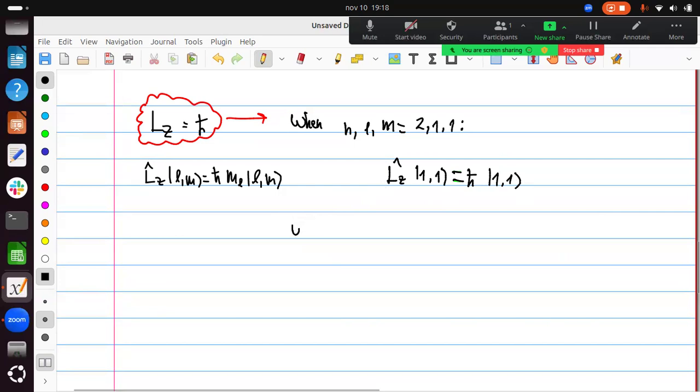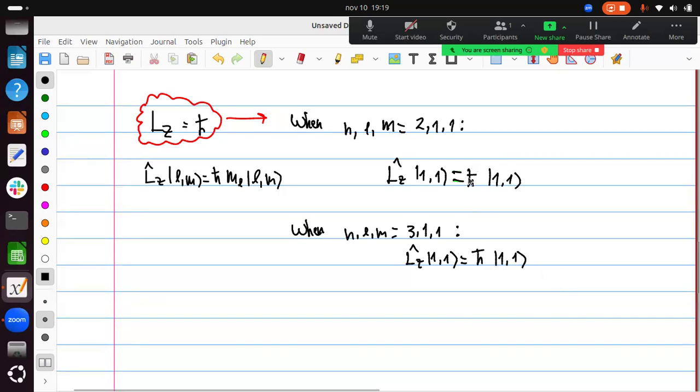For the other case, when n, l, and m are 3, 1, 1, we will have the next case. Lz will be with the ket 1 and 1, h bar 1, 1.